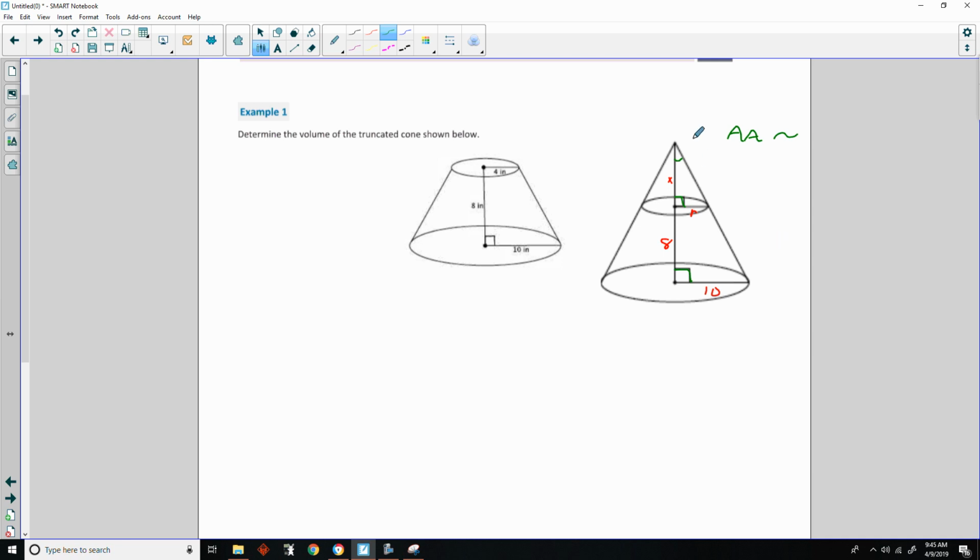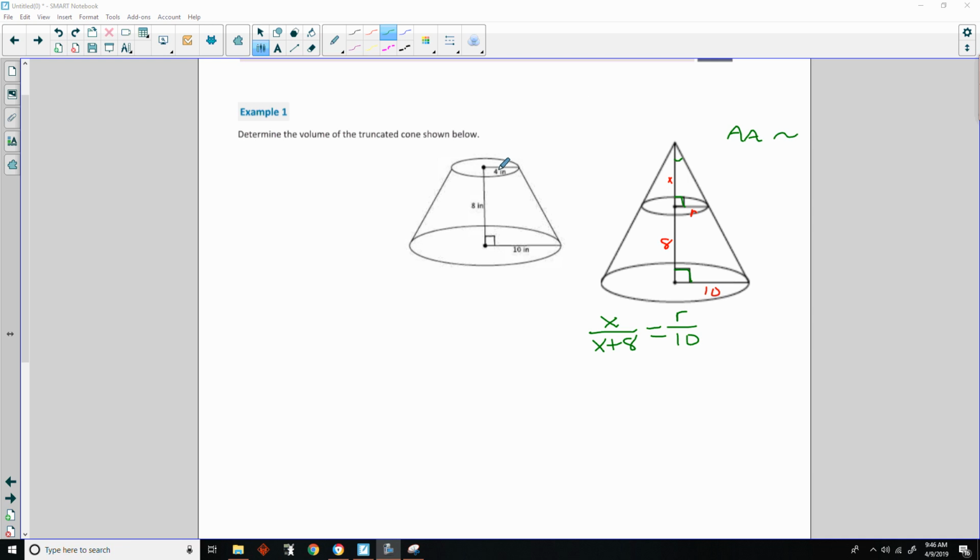The height of the little triangle over the height of the big triangle, which is x plus 8, is equal to this radius over our larger radius. Little triangle is to big triangle as little triangle is to big triangle.